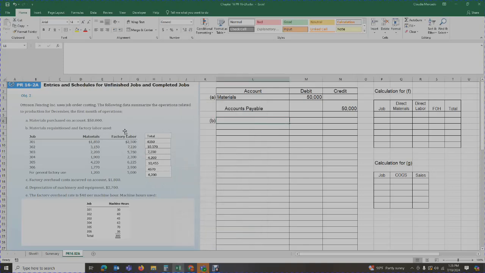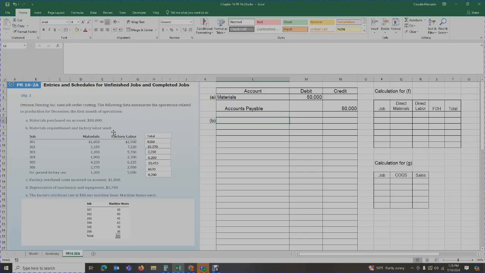Now, it's saying materials are requisitioned and factory labor is used. Materials is usually in the warehouse. Now we've called the warehouse and told them, send me materials for these jobs.